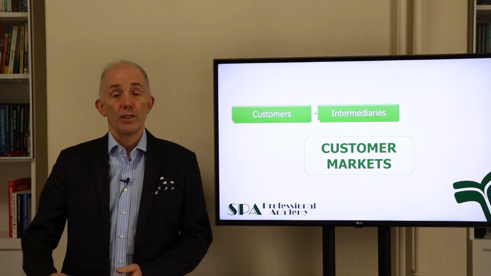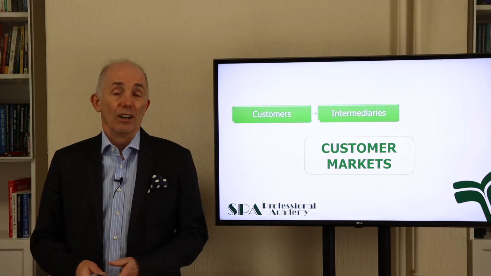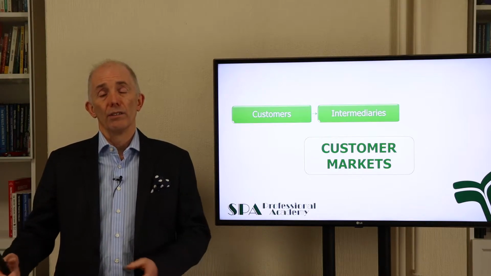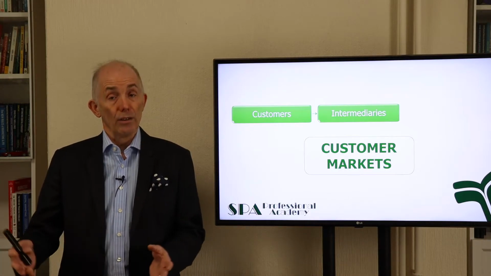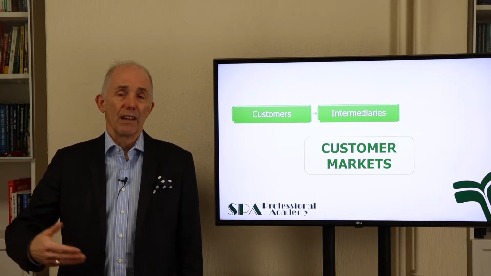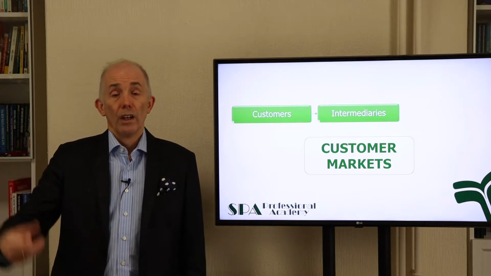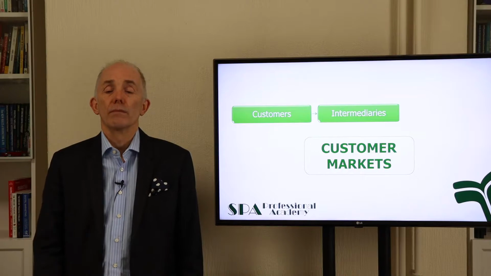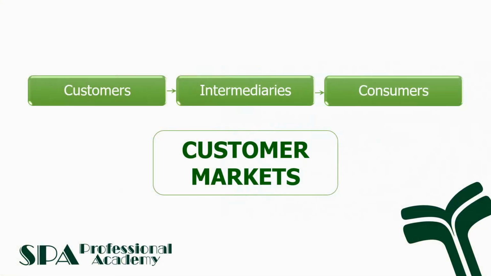So whether that's agents, distributors, wholesalers, retailers, whatever terminology is on there, those intermediaries, the channel in terms of marketing mix elements that provide our product or service to the customers if we are dealing through intermediaries. And the other third area that is identified by Christopher et al. as part of the customer markets is the consumers.